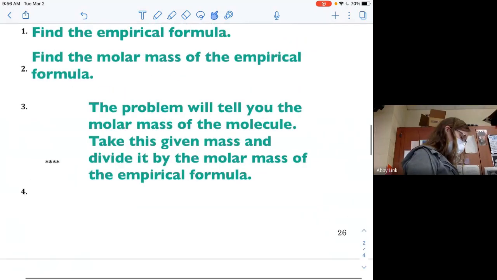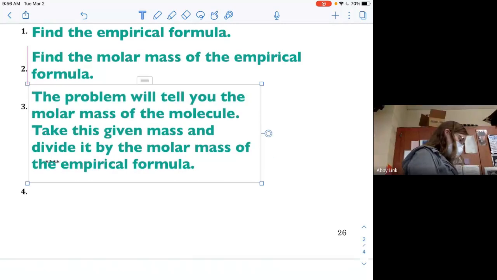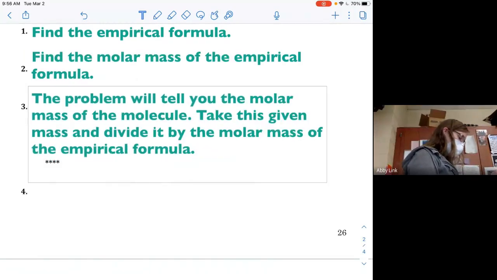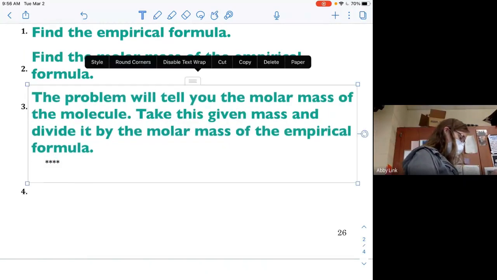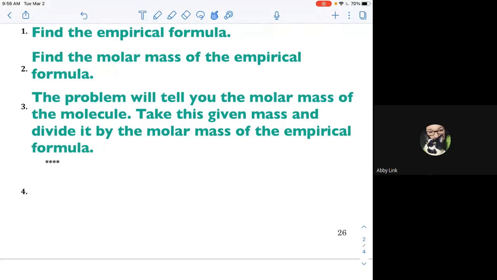All right, so we already kind of hinted at the fact that the molecular formula is going to have some relationship to the empirical formula. And here's where the relationship stems, okay? We are going to take the given mass, which is the molar mass of the molecular formula, and divide it by the molar mass of the empirical formula. And that's how we're going to figure out the ratio between the two, okay?